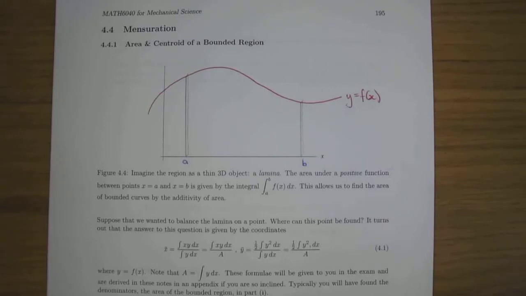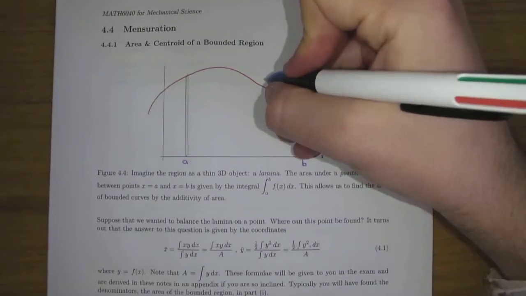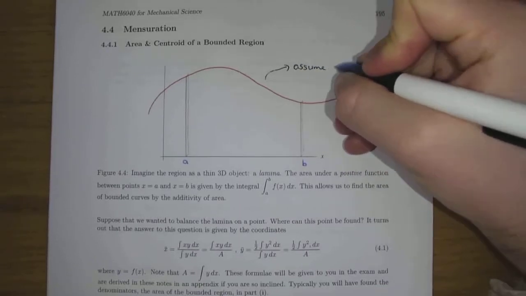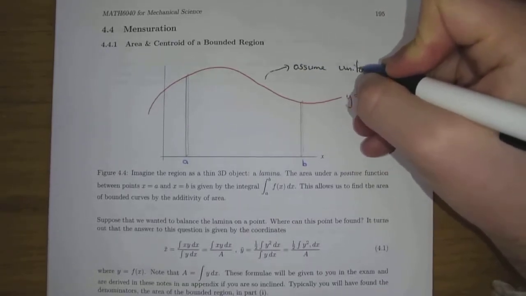A centroid is kind of the position of the average x coordinate and the average y coordinate, essentially, divided by the area as such. But what I'm going to assume for us is uniform density.